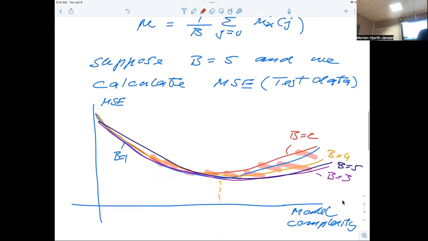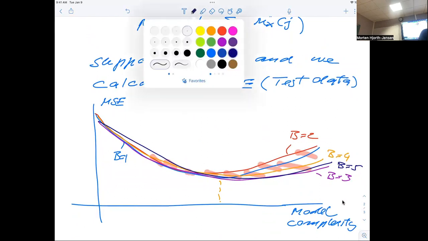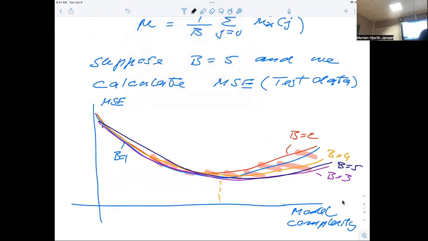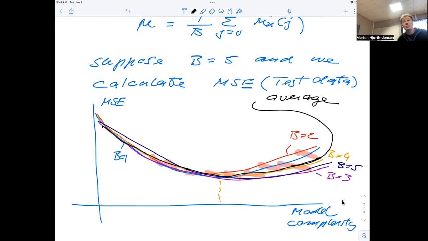So it means that the final value could be something which looks like this. So we could now make the final value. This could be the one which goes here. So this is the average of all the measurements, or all the bootstraps. That is the value you would present to your friends.